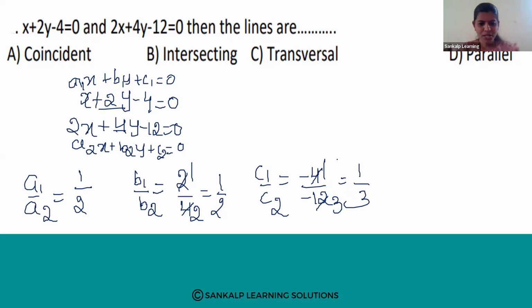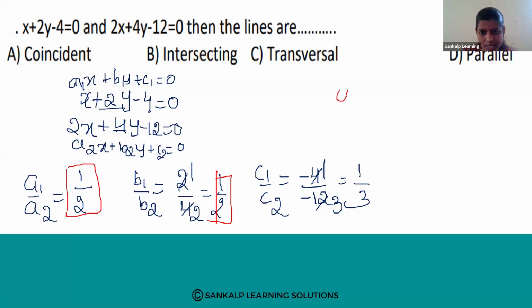So now compare all the ratios. Whether you get the same ratios, or a1 divided by a2 is equal to b1 divided by b2. Here a1 divided by a2 is 1 divided by 2, right? Next, b1 divided by b2 is 1 divided by 2. c1 divided by c2 is 1 divided by 3.